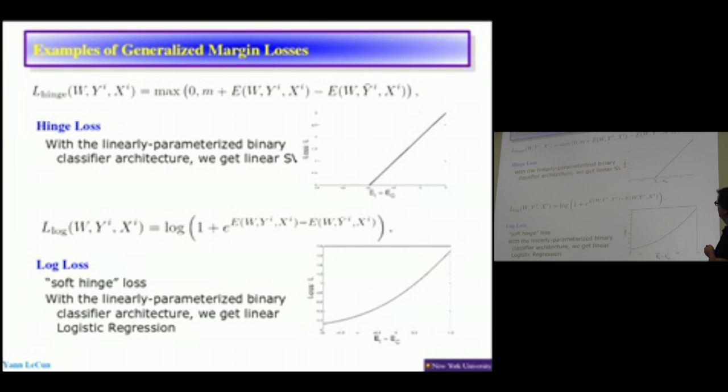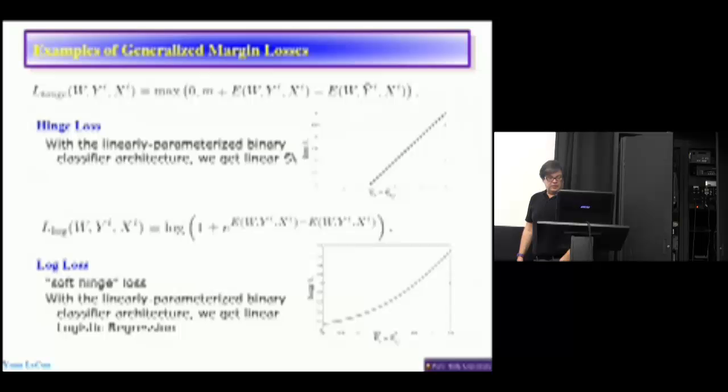Again, if there is an arbitrary scale in E, you can set m to 1 arbitrarily and not worry about it. Okay, so that's the loss. That's the difference between the energy of the correct answer and the most offending incorrect answer, and it wants to make this difference negative. So this one has a well-known margin m. It's set by this cost.